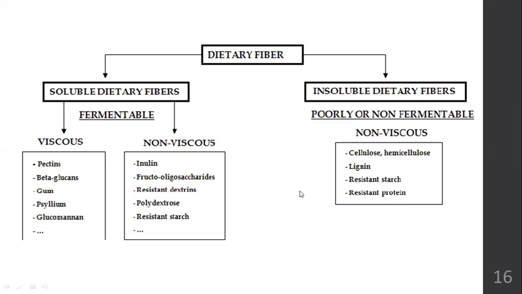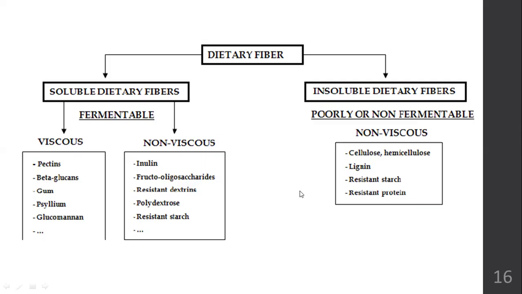Pectins, glucans, gums, mucilages, and inulin are all well-known soluble fibers. It slows your gastric emptying. That means, as I said, if you have a teaspoon of psyllium husk before you eat your meal, you will not overeat.